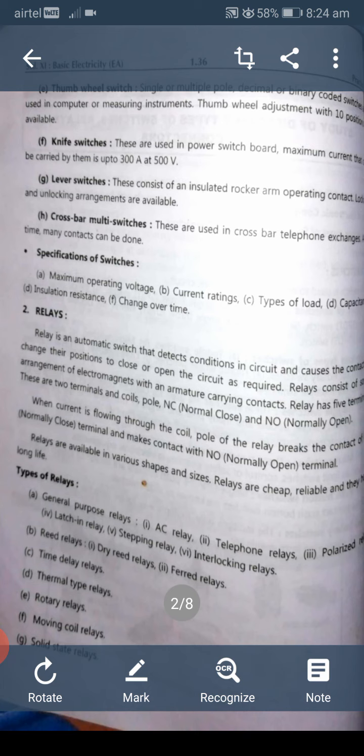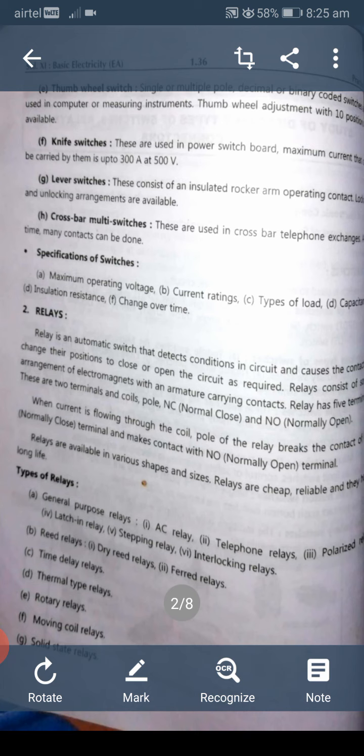A relay consists of some arrangement of electromagnets with an armature carrying contacts. A relay has five terminals. These are two coil terminals, pole, NC meaning normally closed, and NO normally open.